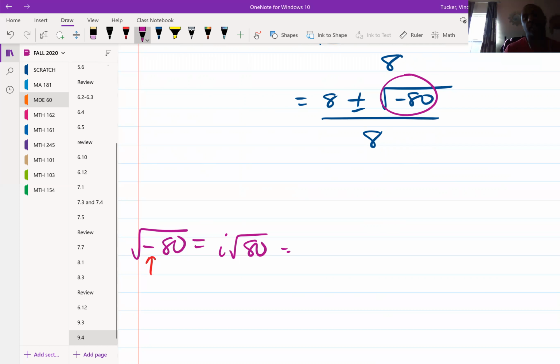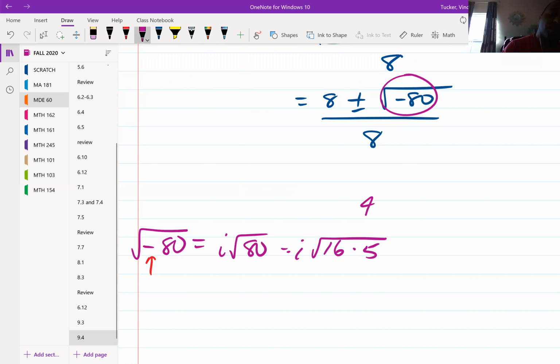Then I can look at this 80 and say, what can I break it up into so that I can at least take the square root of part of it? So 80 is going to be 16 times 5. I wouldn't break this up into 2 times 40 because I couldn't take the square root of 2 or 40 evenly.